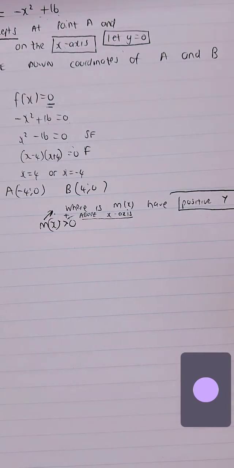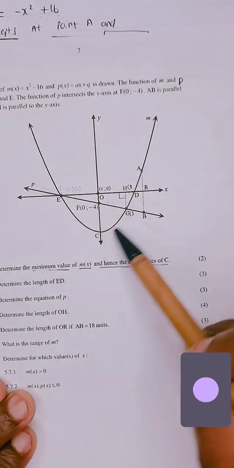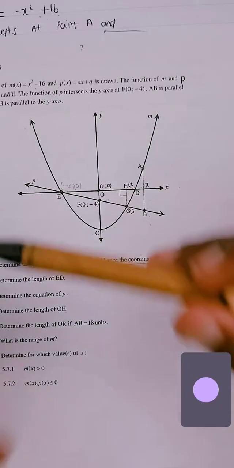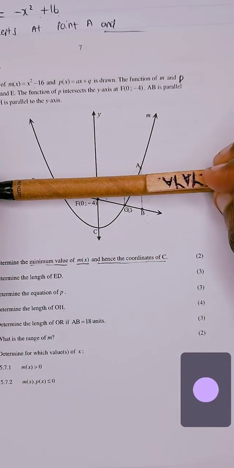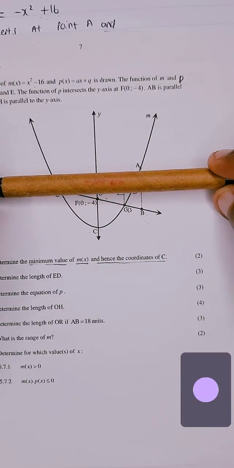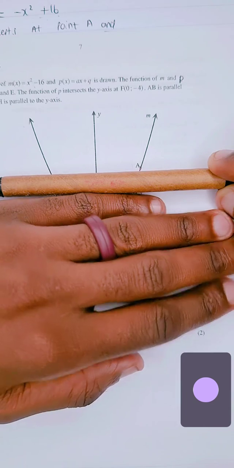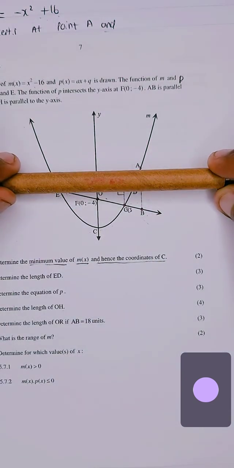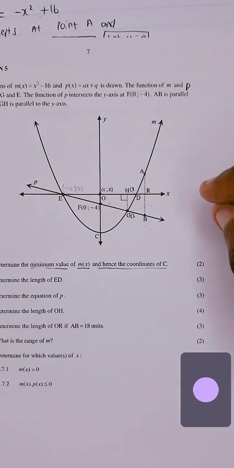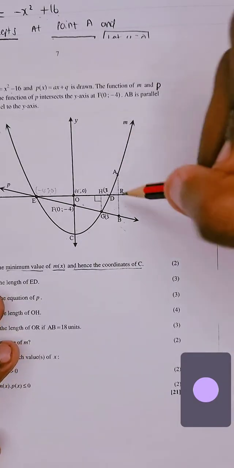Greater than 0. So they are asking where this function is above the x-axis. So this is the x-axis. They want the values of x which show the function being above the x-axis.